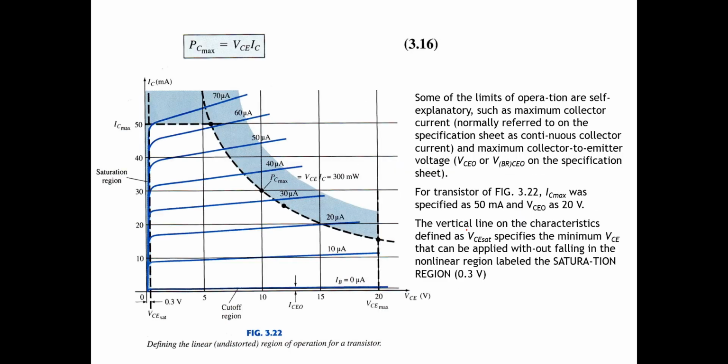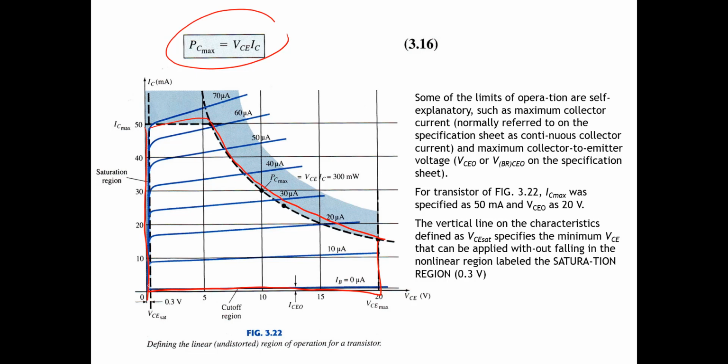This is the limits of operation of the BJT. If we use the BJT, we have to check the maximum power, PC max, which is equal to VCE times IC. The white area is the safe operation region of the BJT.